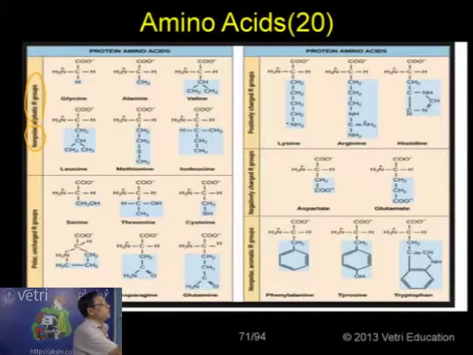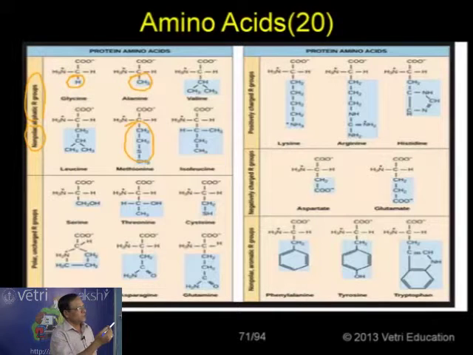Here one part is shaded, and that is the R group. In alanine you see a methyl group, hydrogen in the case of glycine. In valine you have a double methyl group. Like that only the R group varies. Such amino acids, altogether 6, are called non-polar aliphatic R group amino acids. So the R group is non-polar in nature, aliphatic.